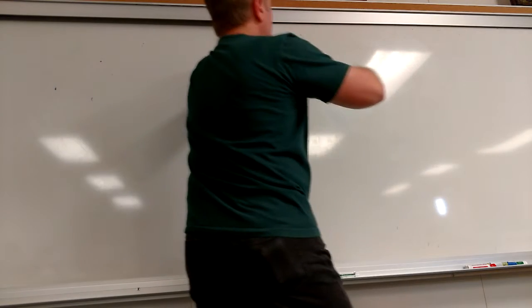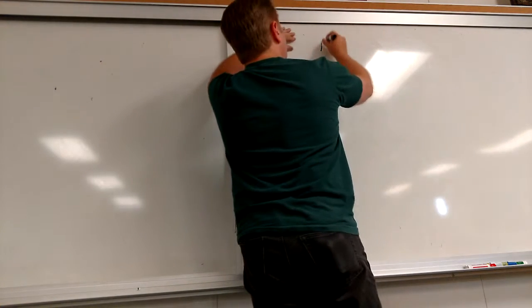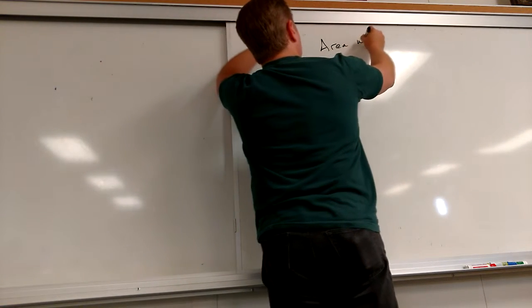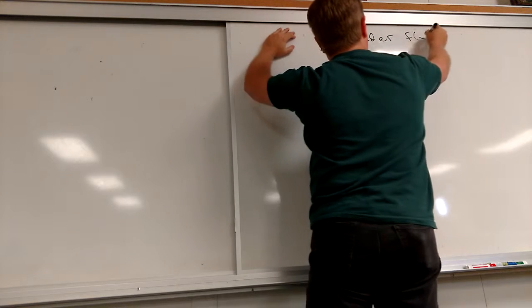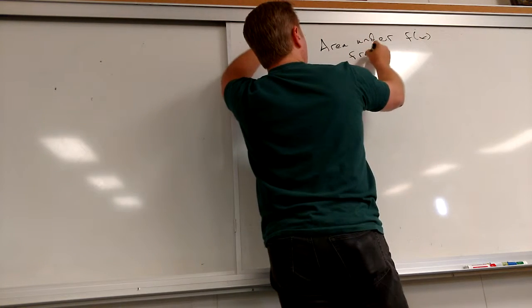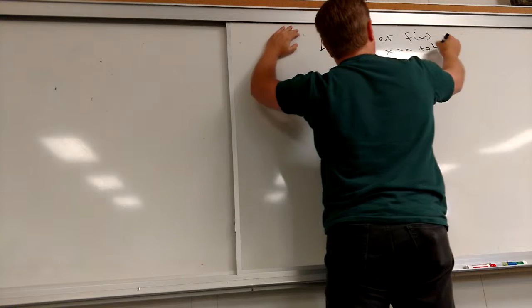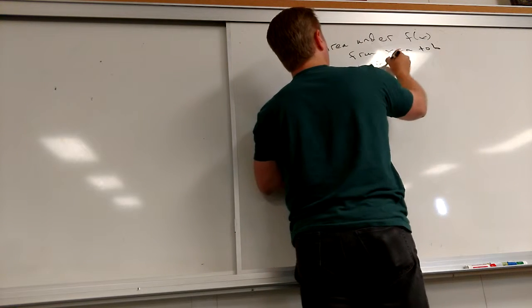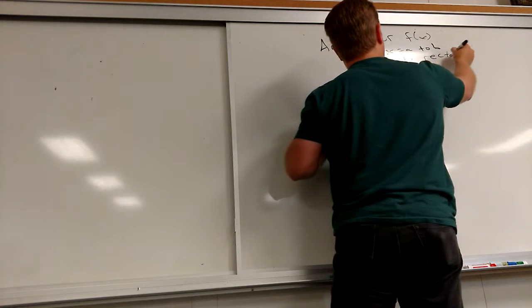Well, actually, we haven't. Oh, in 5.1 they introduced the form of this, and in 5.2 we actually started evaluating this. So here's the form of the area under f of x from x equal to a to b using n rectangles.